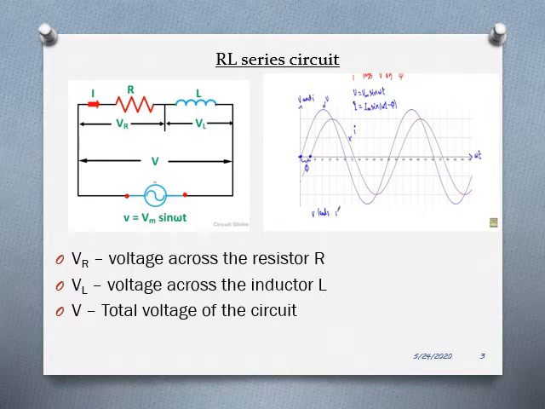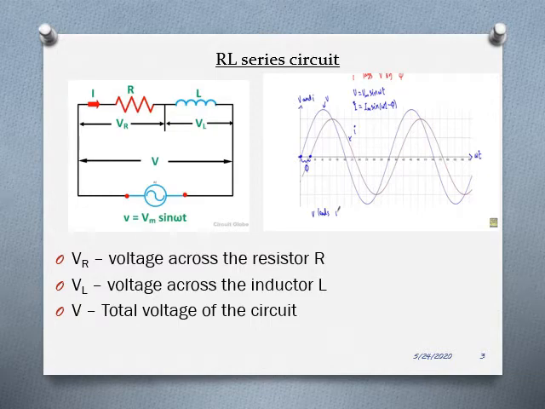VR, the voltage across the resistance, is nothing but the current flowing through that resistance into the resistance value, that is IR. Similarly, the voltage across the inductance is VL, that is equal to I into XL, where XL is the inductive reactance.